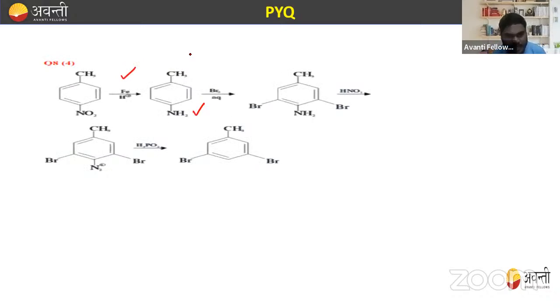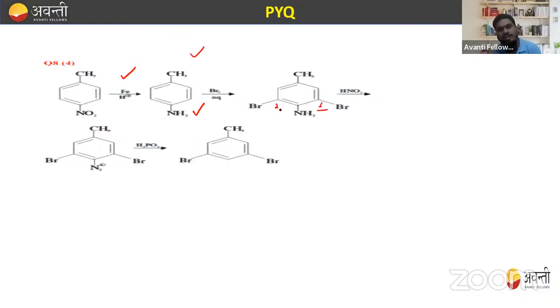So this will form. Now, when the NH2 compound is treated with aqueous Br2, we know that whenever aniline is treated with aqueous Br2, the formation of 2,4,6-tribromo product takes place. Here, this is 1, this is 2, 3, 4. 4 is already substituted, then 5 and 6.